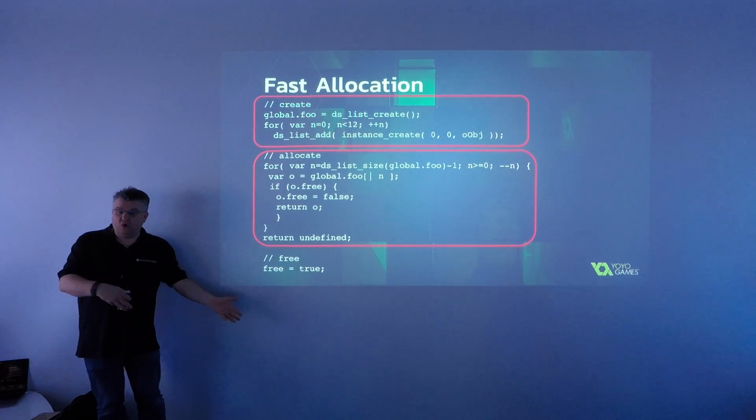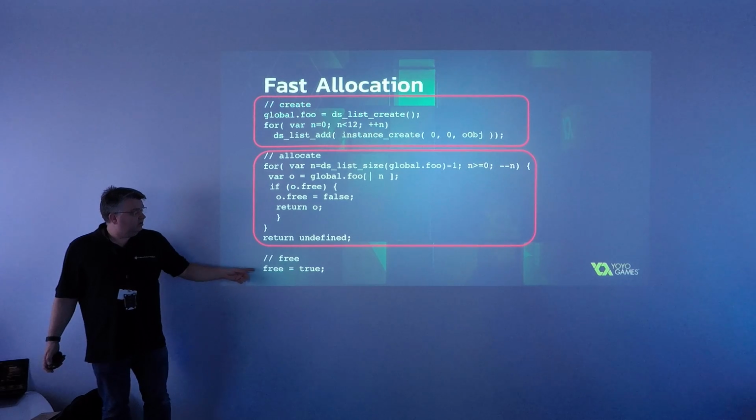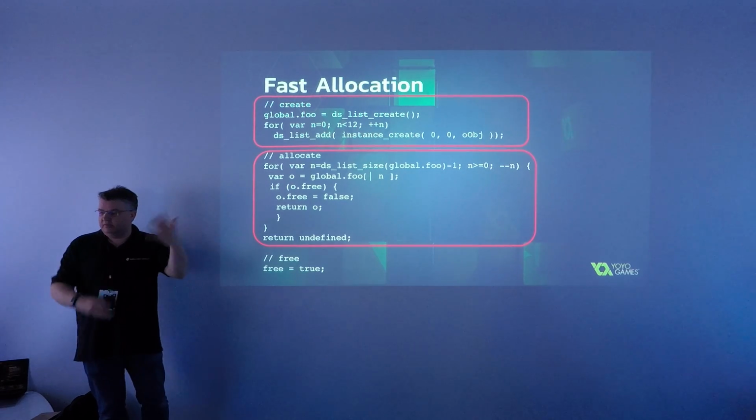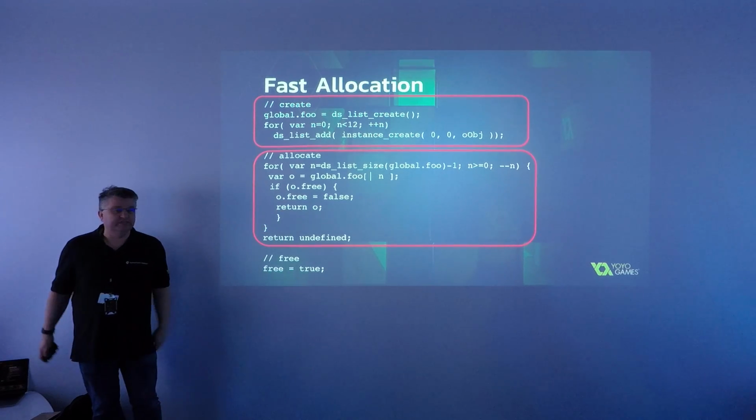So when you want to allocate that object, just find it in the list, and then when you come to free it, just set the free flag to be true again. You'd obviously have to actually activate the object at that point in time.